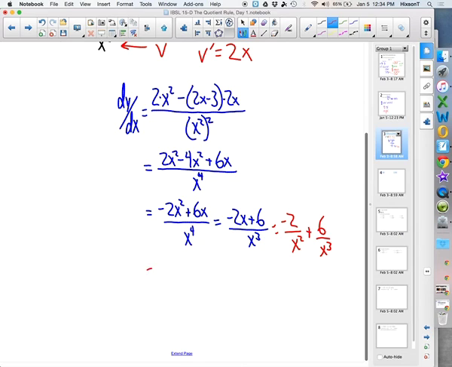Oh, okay. So you did this. You canceled out the x squared at the top. Okay, so you made it negative 2 over x squared right here. I had negative 2 plus 6x over x squared. And then I took the whole numerator and multiplied it by x to the negative second.